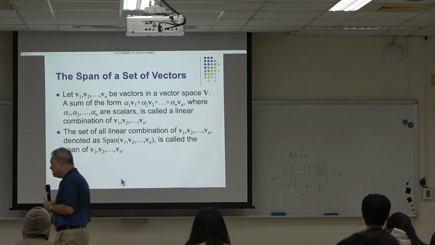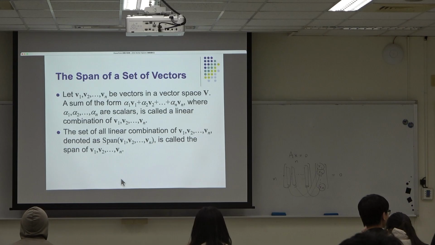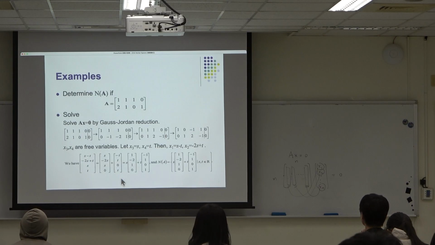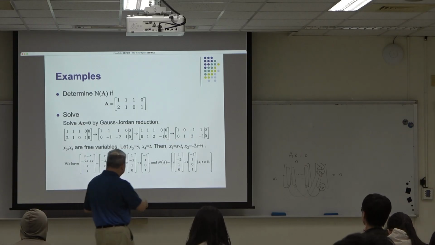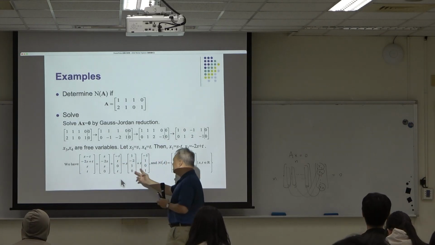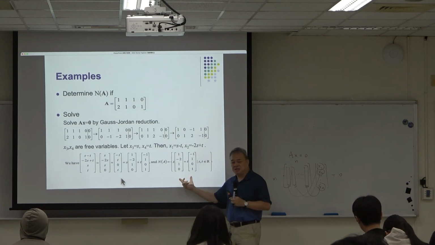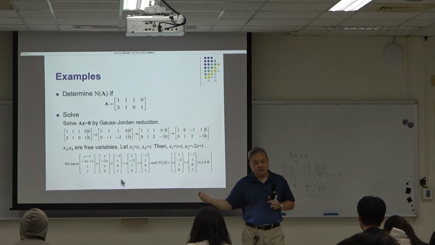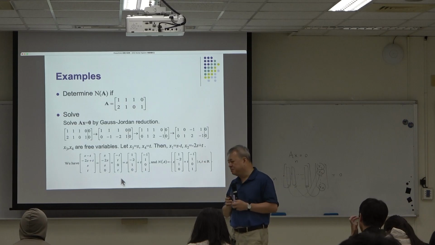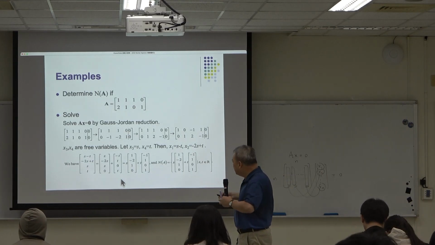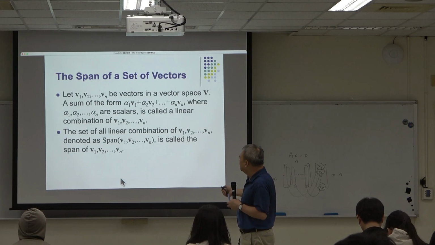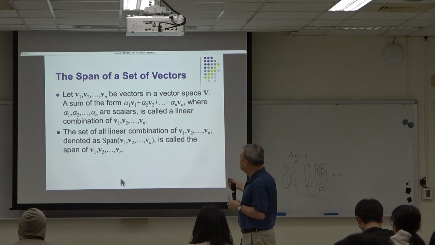Previously, when we discussed this null space, you could see that two vectors span a particular space. So now we formally define the span of a set of vectors.